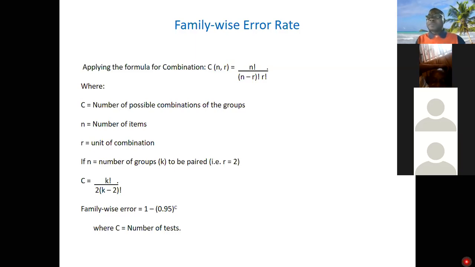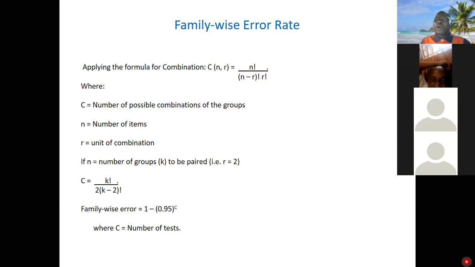Now, the logic behind this is that whenever you carry out many tests, there's a probability that at least one will be significant, even if normally there's no significant difference. The way to look at it is this. If you decide to reject the null hypothesis at the 95% confidence level, which is 0.05, a 5% level of significance, that is the probability of you making type 1 error.